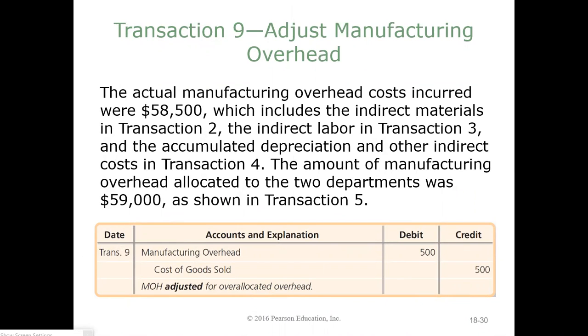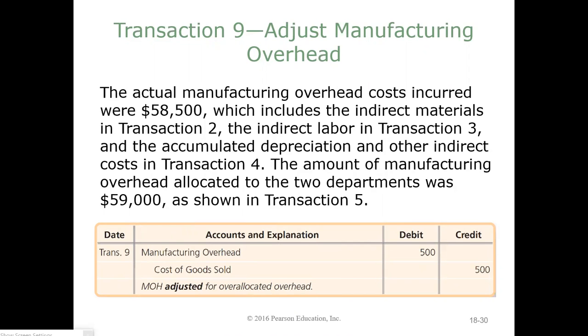I don't know. And then our last transaction is going to be to adjust our manufacturing overhead. So our actual manufacturing overhead costs incurred, that would be the debit side of our manufacturing overhead account, was $58,500. And then we allocated $59,000.